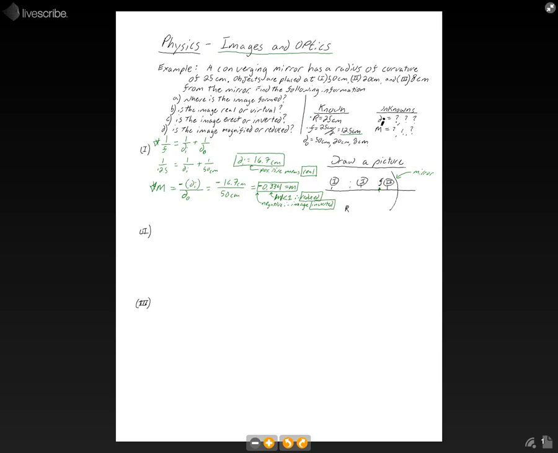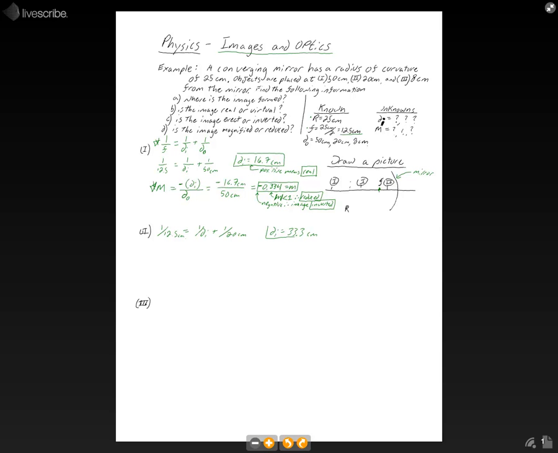Alright, so problem number 2. You have the same formula, so we can just plug in numbers. 1 over 12.5 is equal to 1 over di plus 1 over our next case, which is 20 centimeters. Solving for di gives 33.3 centimeters.